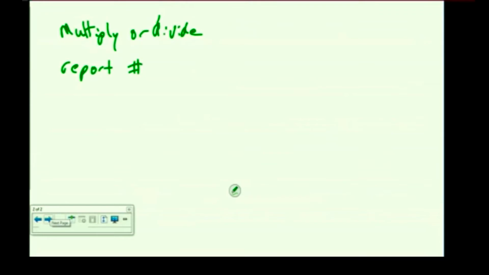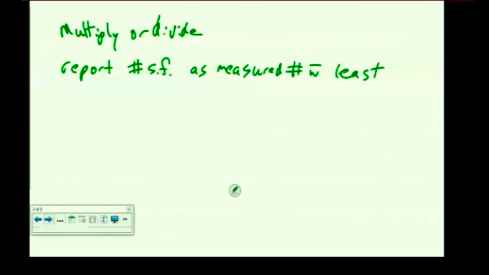The first one is when you multiply or divide, the rules are the same. You report the number of sig figs as the measured number with the least. What does that mean? Well, watch.